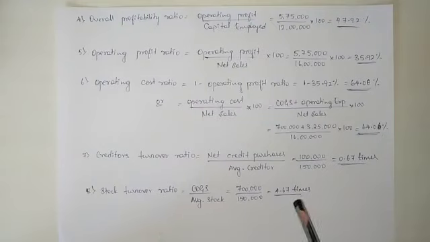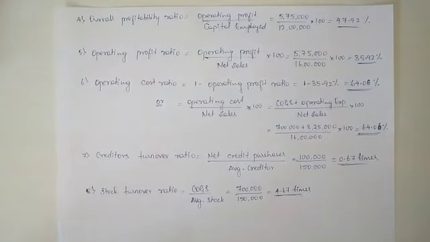That means in a year, the stock which is taken into the business by purchasing or by any other means and sold to the customer, this cycle is going to repeat 4.67 times. In the same way creditors turnover is 0.67 times in a year. The debtors turnover ratio is also interpreted in the same manner.